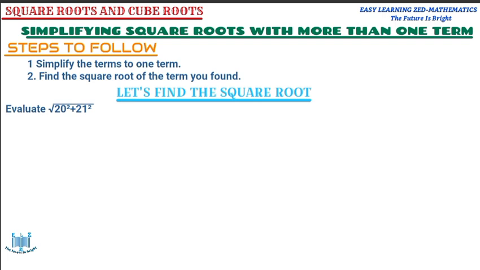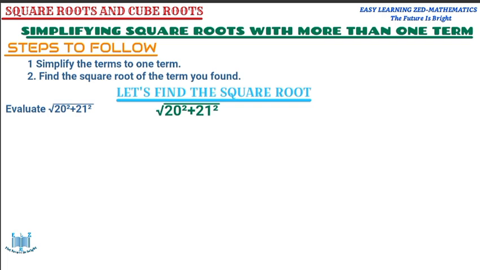So what I'm going to do is rewrite the question here. Once I've done that, the next thing I'm going to do is simplify the terms inside the square root sign, which is 20 squared plus 21 squared. When I come up with one term, then I'm going to find the square root.